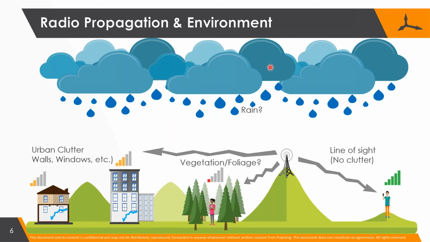If we look at the radio propagation and environment, and this comes from many questions we've had over the years, we're going to discuss rain at some point. People always wonder about trees and foliage. Of course, this is the nice situation where you've got a guy standing outside and he's got line of sight. And then what you typically find is if the guy's inside a building or inside a house, the signal will drop very rapidly.